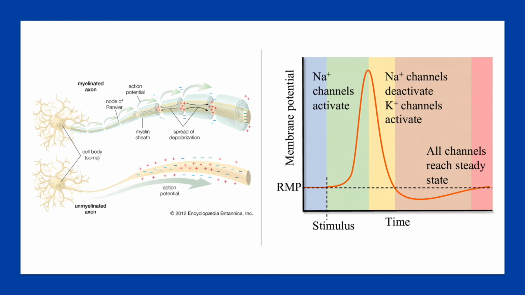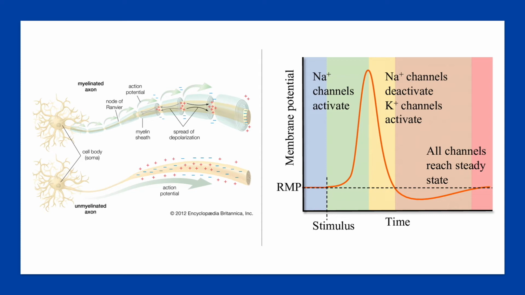Now, you might remember I mentioned the Schwann cells and the myelin sheath earlier. These are really important because between each Schwann cell, there is a gap where the axon is unmyelinated, called a node of Ranvier. Now, with a myelinated neuron, the only places where depolarization can occur are these nodes of Ranvier.